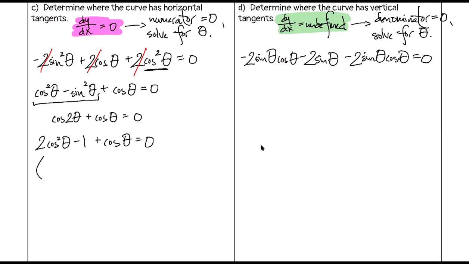So this factors into 2 cosine theta minus 1 and cosine theta plus 2. Nope, plus 1.